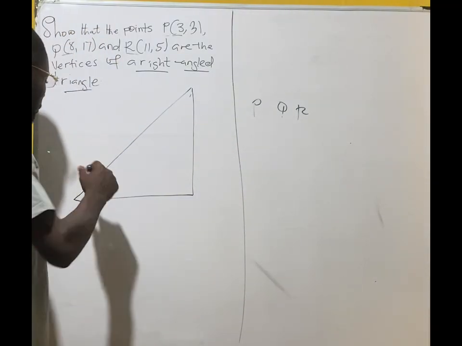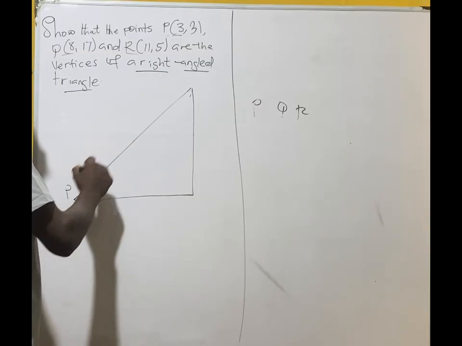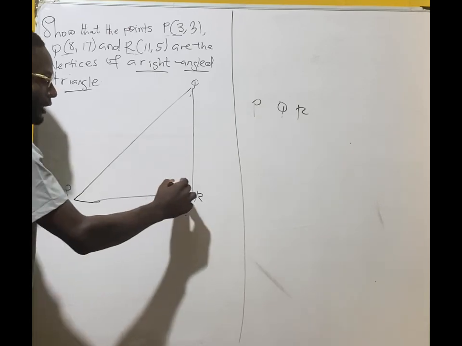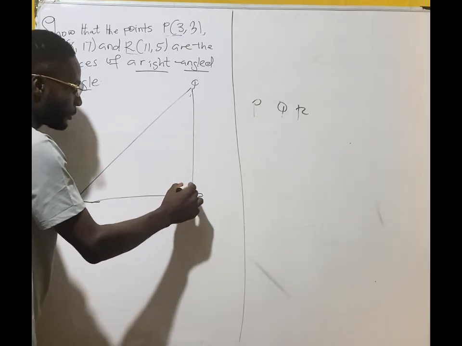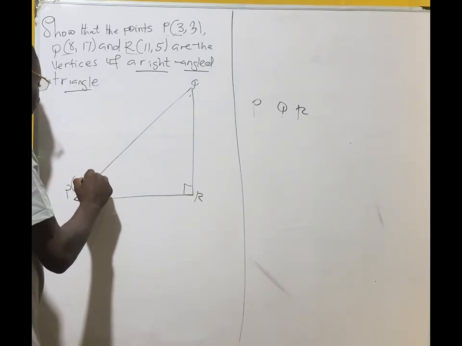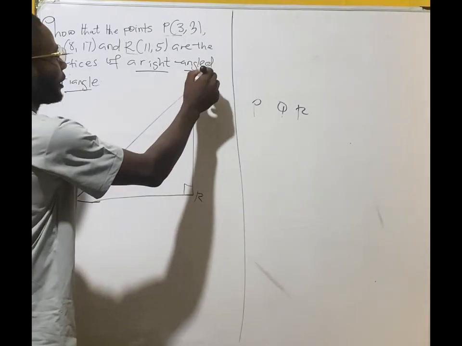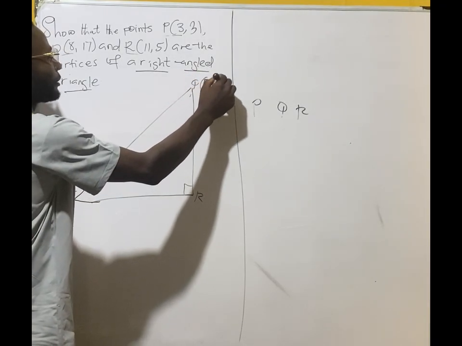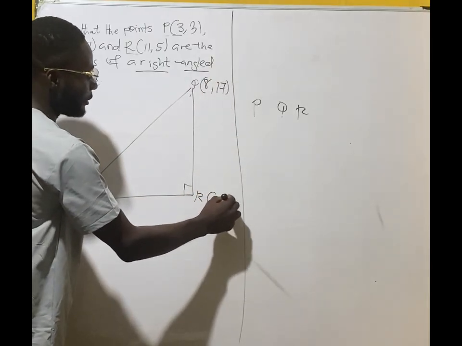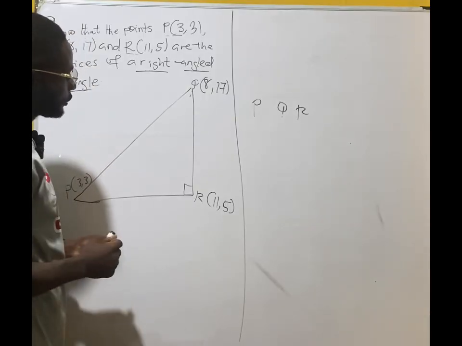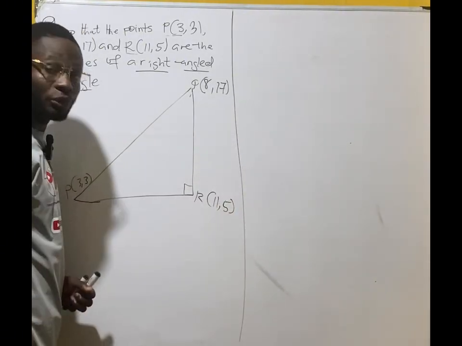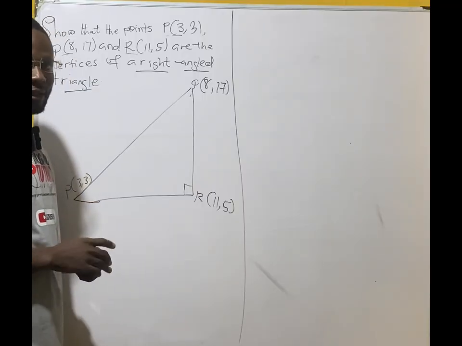So we have our P here, our Q here, and our R here. Don't forget that it's a right angle triangle. The coordinate of P is (3, 3), that of Q is (8, 17), and R is (11, 5). We're going to apply the Pythagorean theorem.